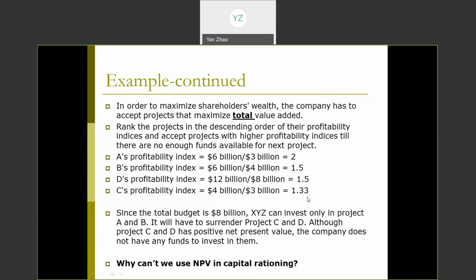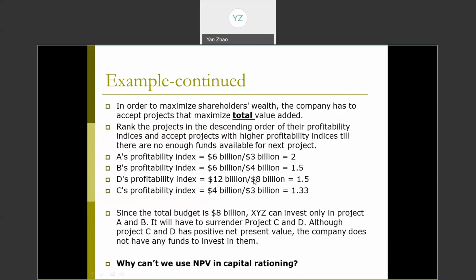Okay, now look at our budget, $8 billion. With $8 billion, we can do the first 2 projects, Project A and B. Project A requires $3 billion in investment. Project B, $4 billion investment. And we have $8 billion. After investing in A and B, we still have $1 billion left.